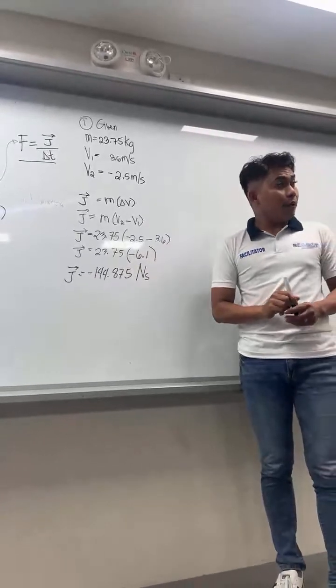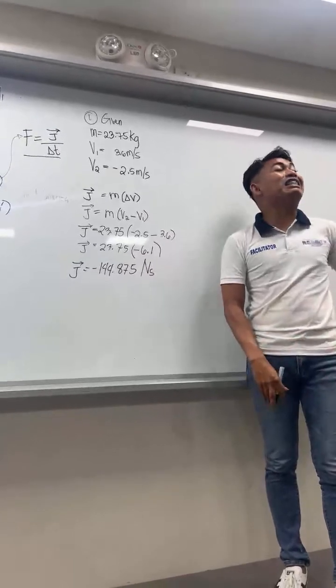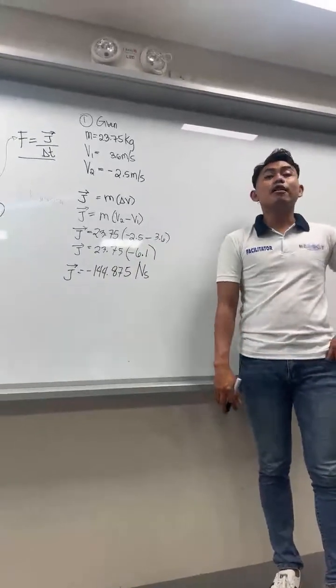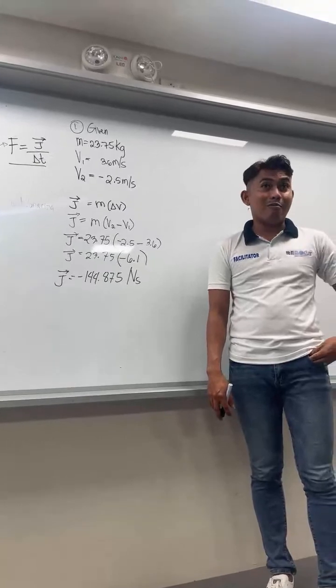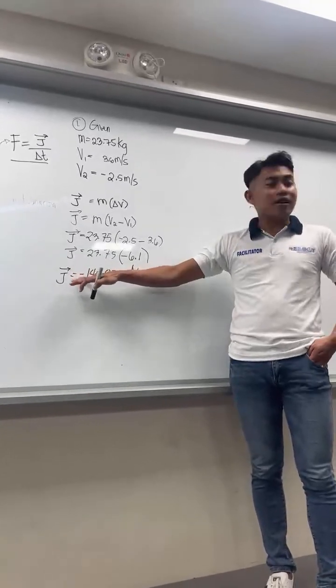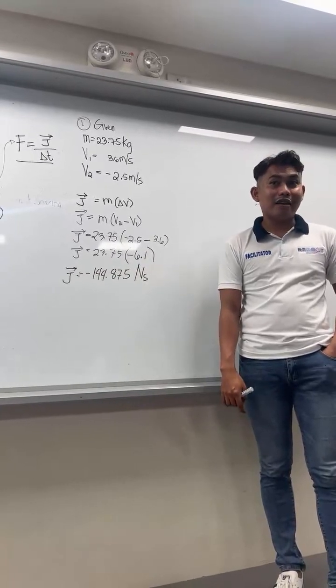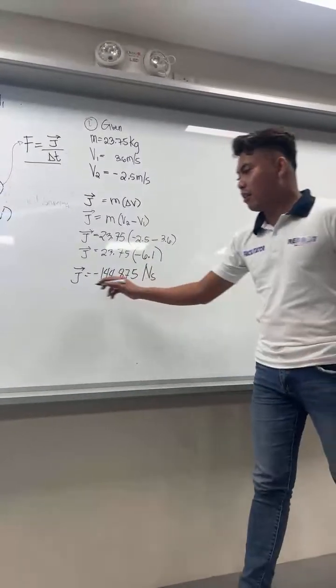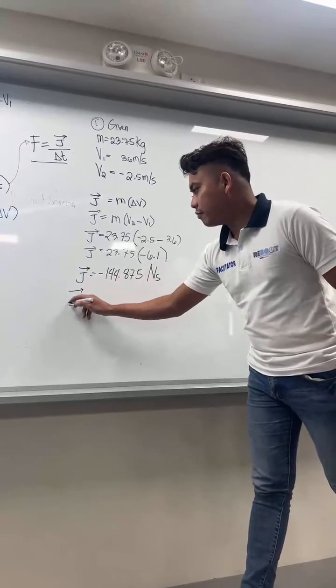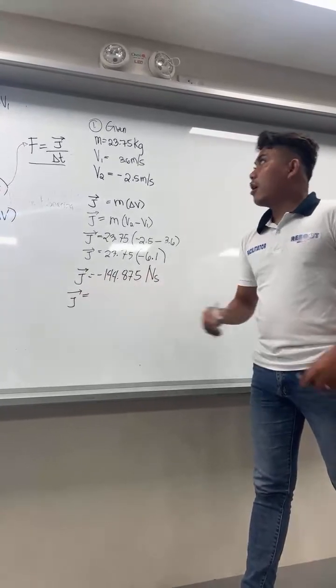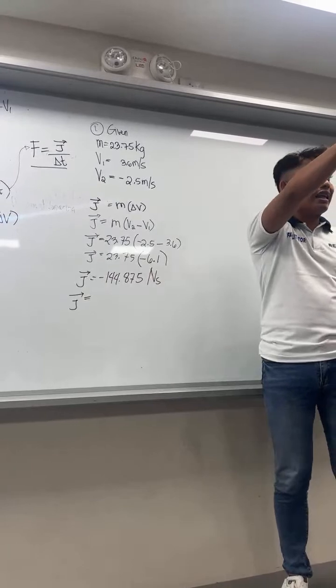Ay, sir, pwede pala magka-negative ang impulse? Again, yes. Impulse is a vector quantity. Pwede siya. That negative here is what? Direction. Okay? Apply significant figure. Based on the given, 2 ang least sig-fig.